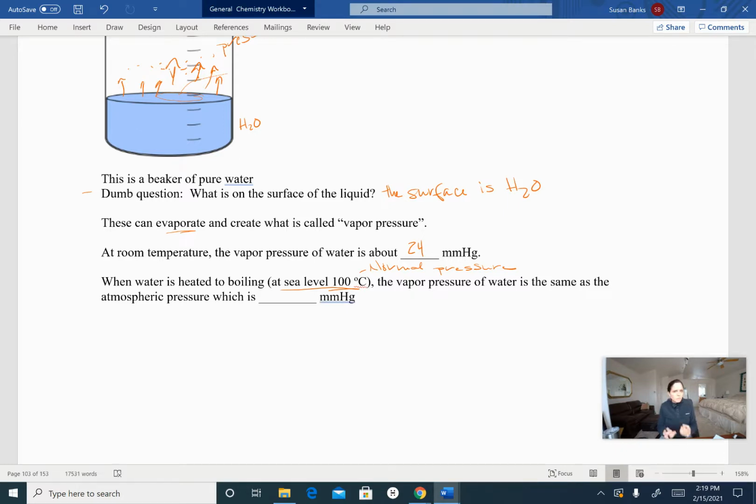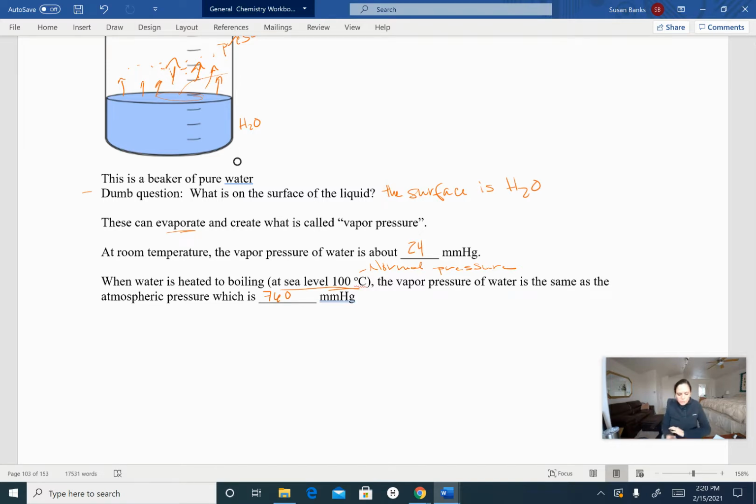The vapor pressure when that water starts to boil is the same as the atmospheric pressure. So in order for something to boil, the vapor pressure, the molecules coming off of that liquid surface, have to be equal to the atmospheric pressure for it to boil. Otherwise, the bubbles can't escape that liquid. So it has to be 760 millimeters of mercury to boil.